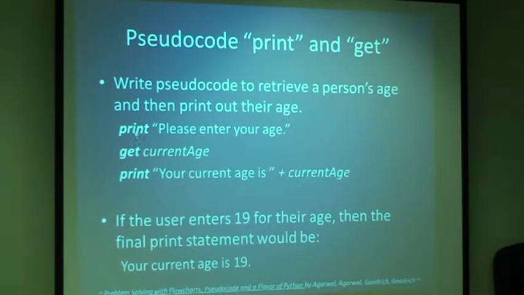So this is a combination of gets and prints. Now in pseudocode, you always print something out and then get something. You don't combine the two, but in Python you can. Okay? And in Visual Logic also you can. Any question? Okay. So this is a simple chapter.